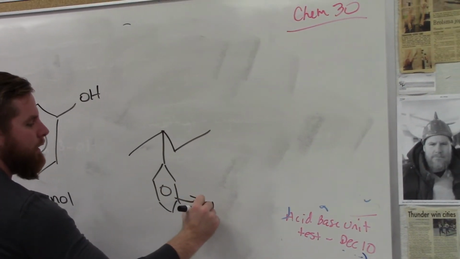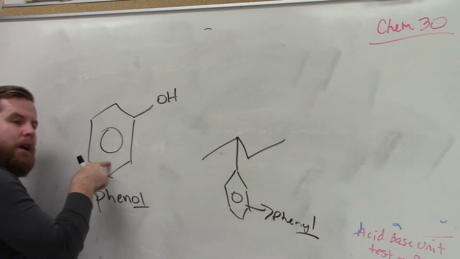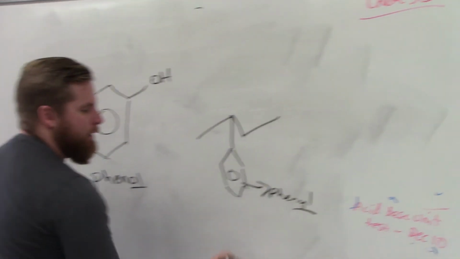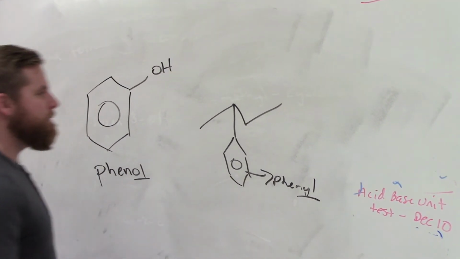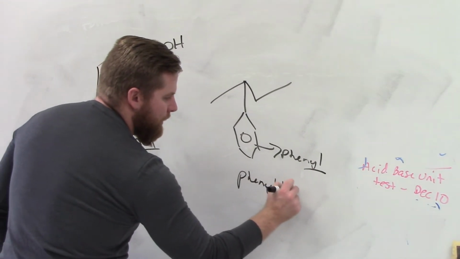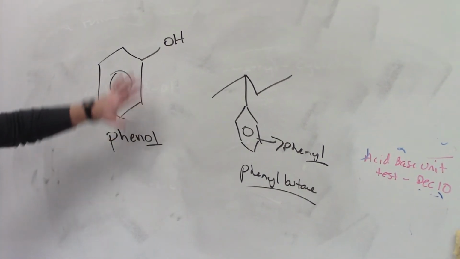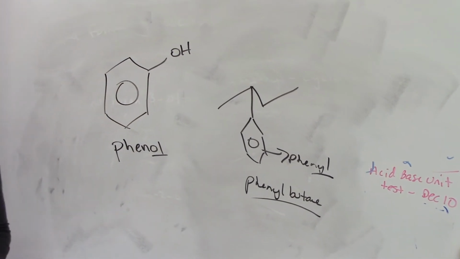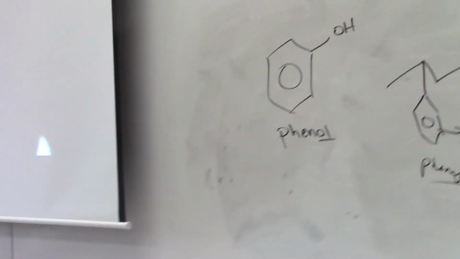This is phenyl. Phenol means aromatic alcohol. Phenyl means aromatic side branch. Okay? So this would be phenylbutane, right? And this is its own molecule unto itself. All right? So where am I going to see this?